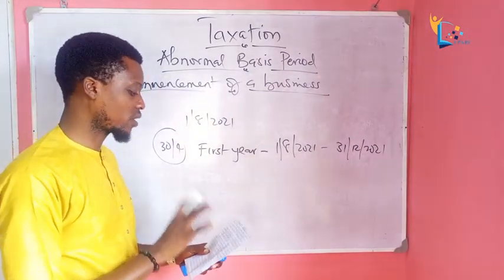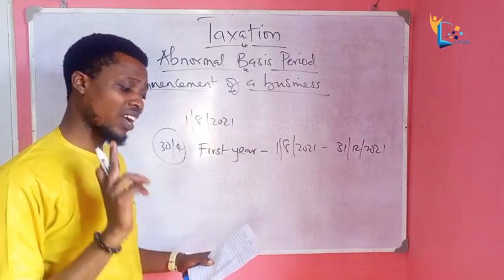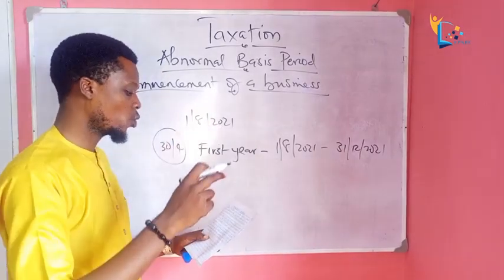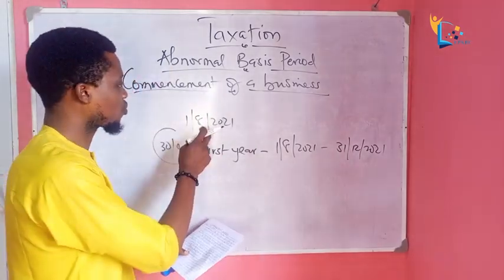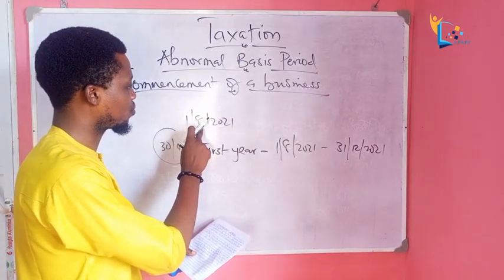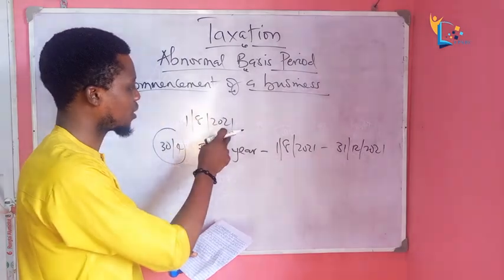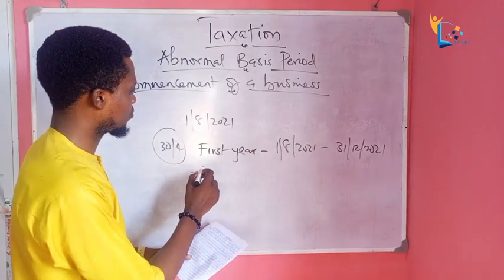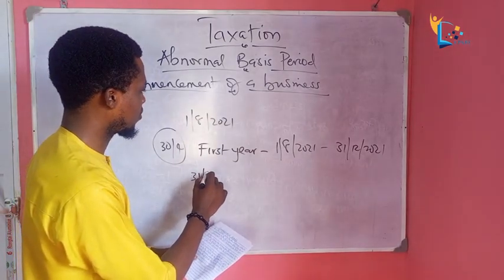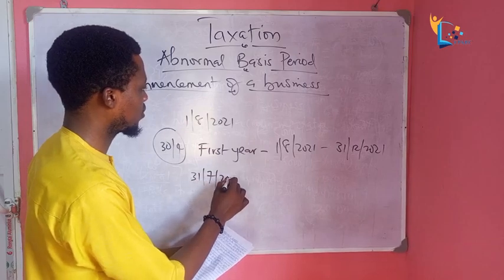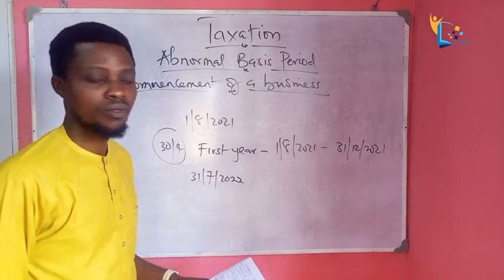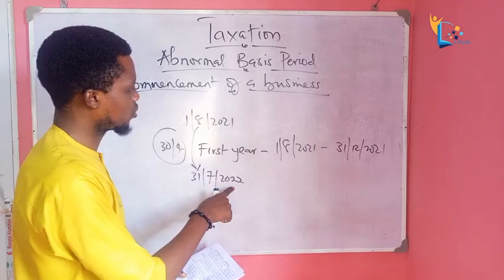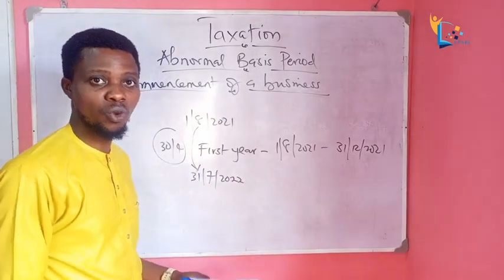Now, the second rule says the assessable income for the second year is the profit from the date of commencement to the next 12 months. Date of commencement, 1st of August 2021. The next 12 months will be 31st July 2022. From 1st of August to 31st July 2022 is 1 year, that's 12 months.